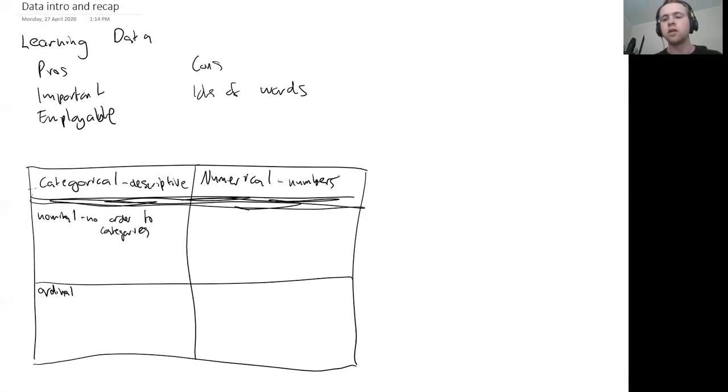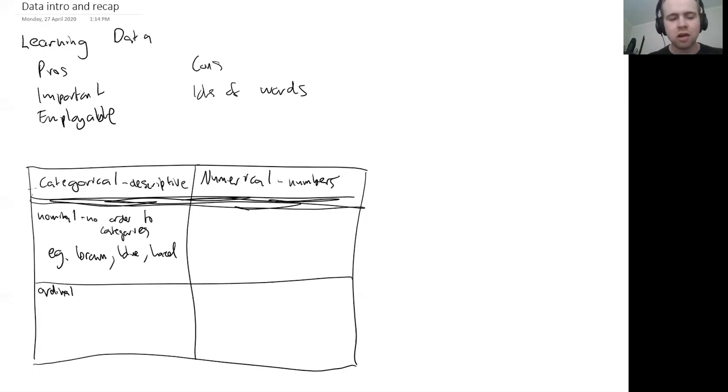Types of categorical nominal data would be eye color. So you could have brown, blue, hazel, and so on, and there's no order to those things. They're just descriptions used by words.